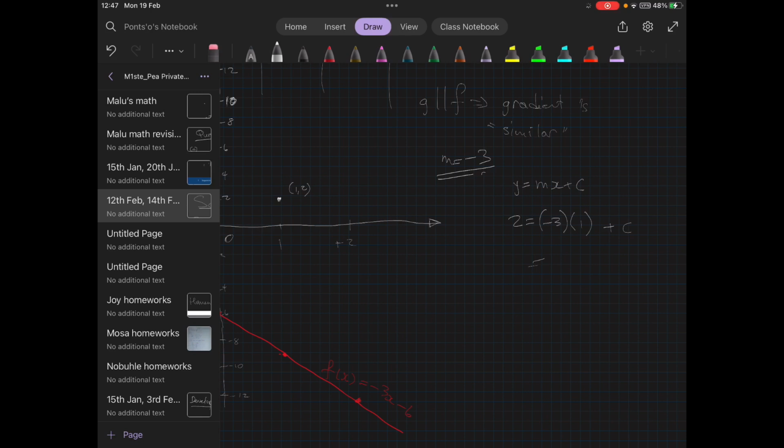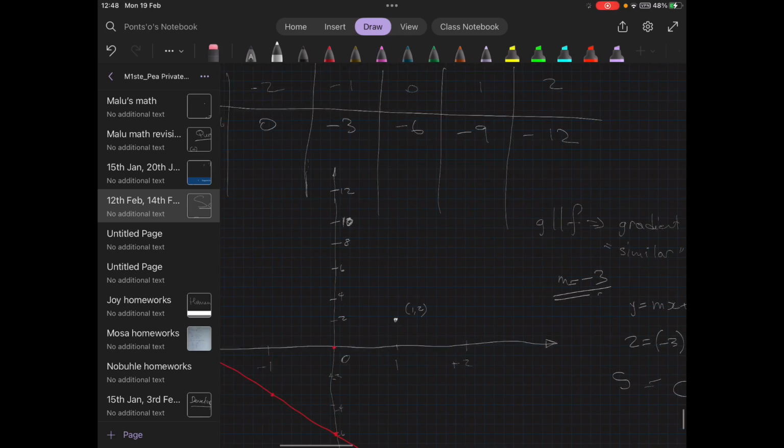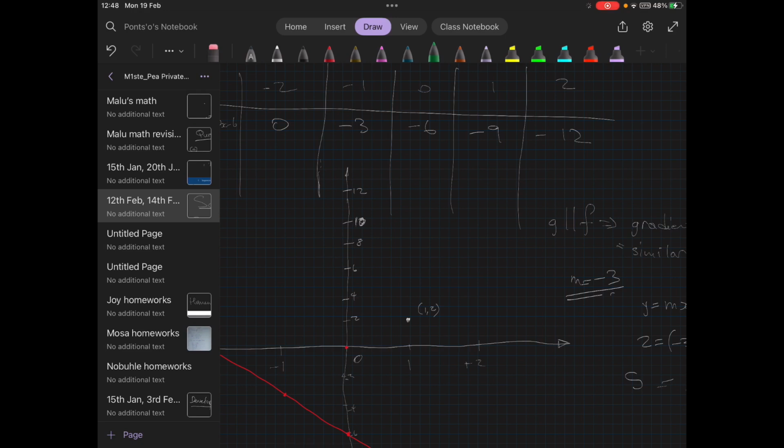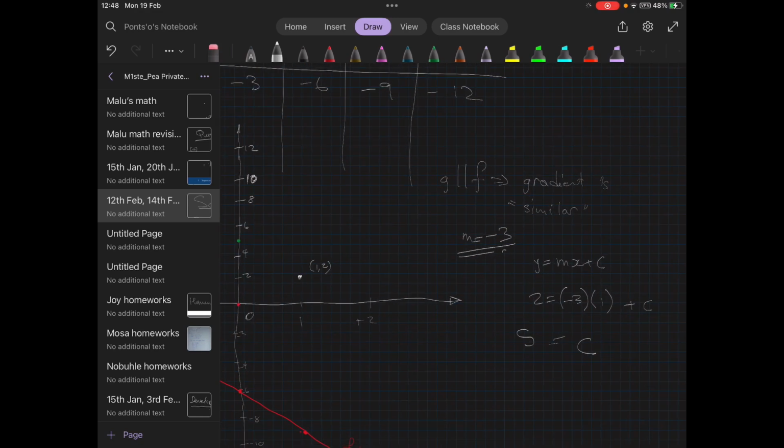Do additive inverses, it becomes positive, so it's 2 plus 3, which is 5, and c is 5. So somewhere there we have our y-intercept. That means our equation is y equals negative 3x plus 5.